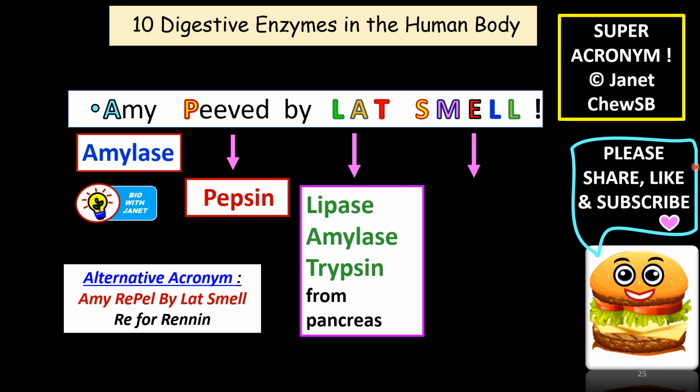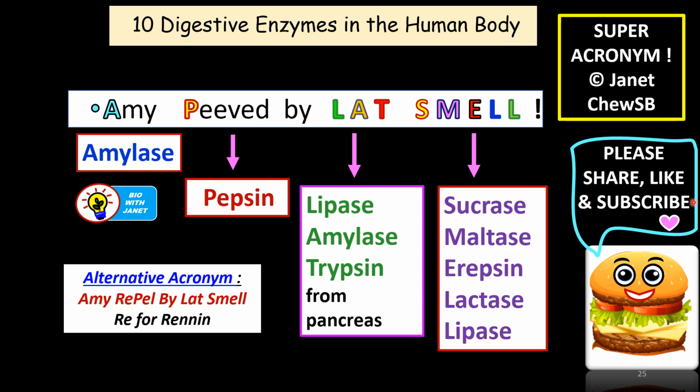And SMELL stands for the enzymes in the small intestine, in the ileum. So remember, intestines smell. So what does SMELL stand for? Yes, sucrase, maltase, epsilon, lactase, and lipase.